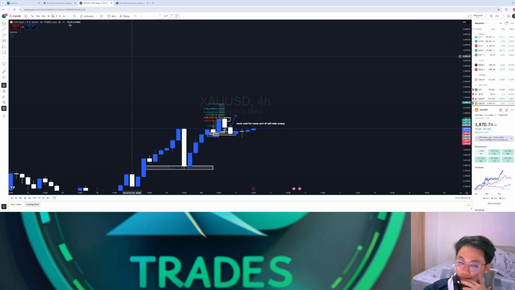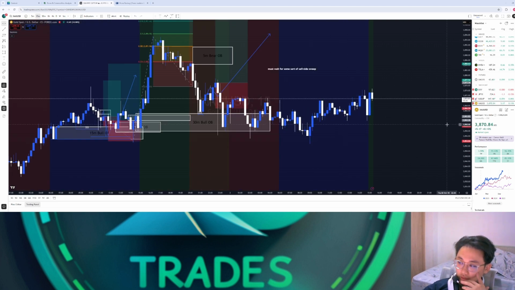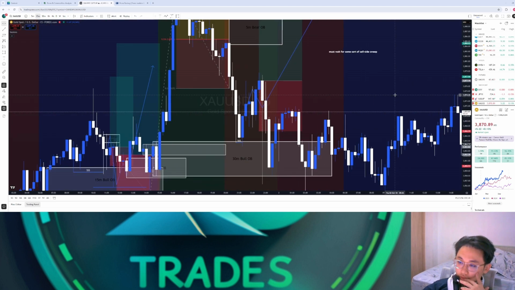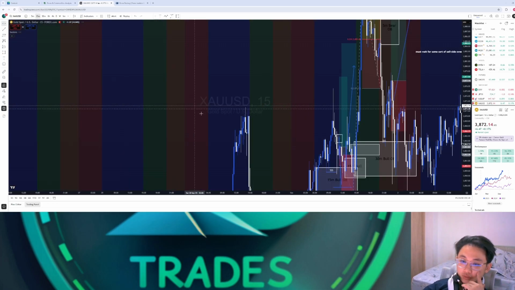So this is what happens for gold. It just dumped and got taken out. Another main thing is looking for the creation of the 15-minute bullish OB. As you can see here, there's no creation of the OB.